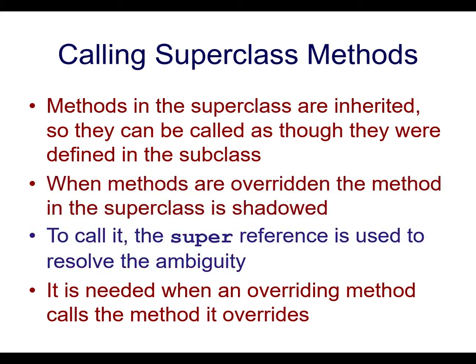To call the overridden method from a method in the subclass, the super reference is used to resolve the ambiguity. The time when this need most often arises is when an overriding method is refining the behavior of the method it is overriding, and so the overriding method needs to call the method it overrides. In that case, the call to the overridden method must be prepended with super.